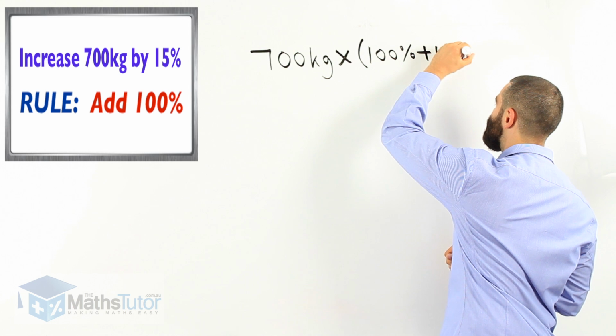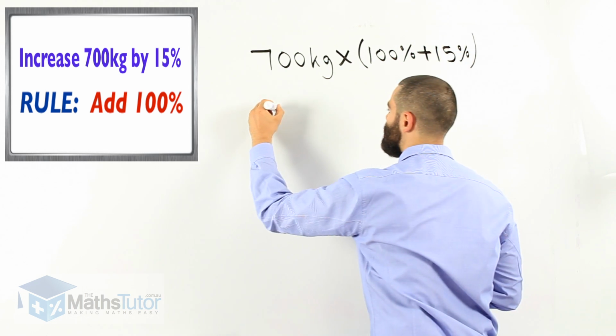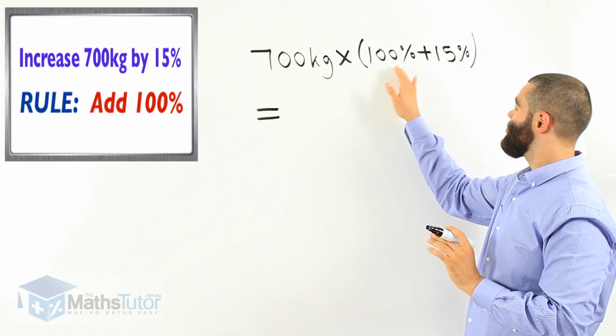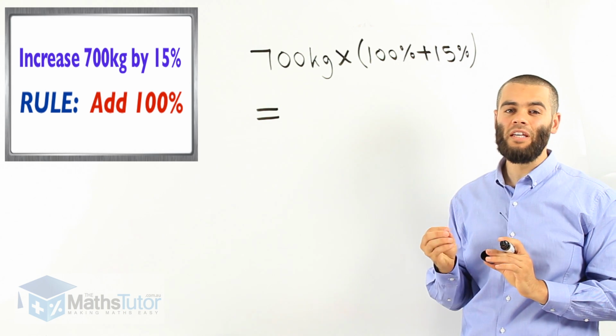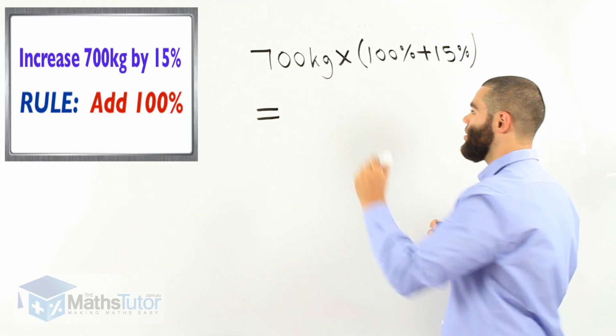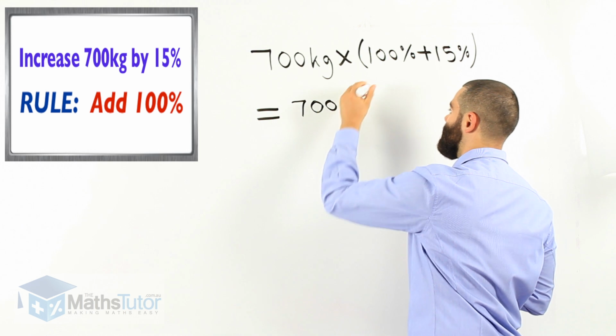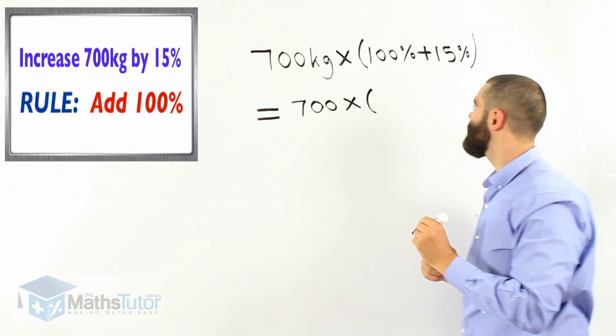That's the rule. 700 times 100% plus 15%. So to increase, we add 100. 115%.